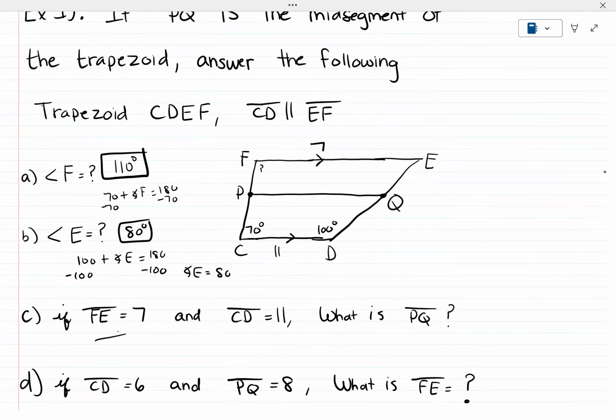Line segment PQ is equal to 1/2 of the sum of the two bases. So base 1, line segment CD, is 11, plus base 2, line segment FE, which is 7. 11 plus 7 is 18, divided by 2, which is 9. So C would be 9.